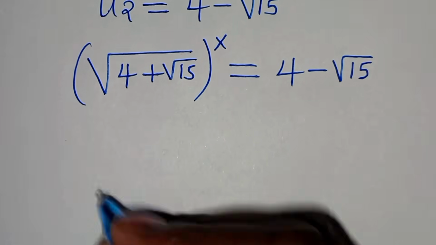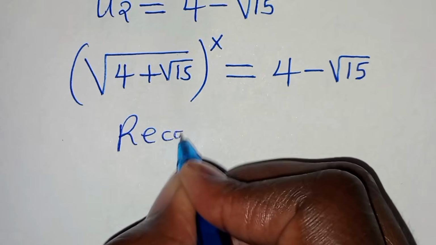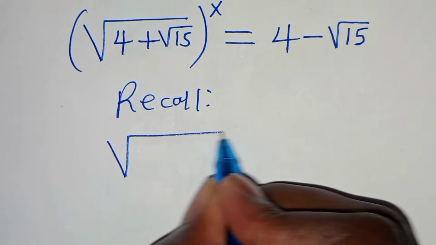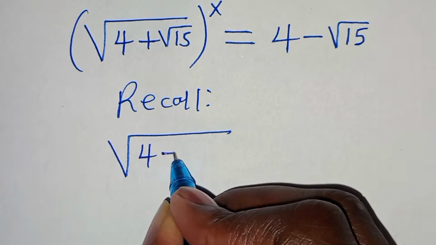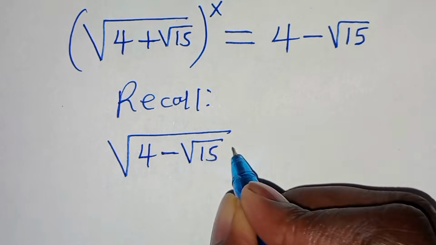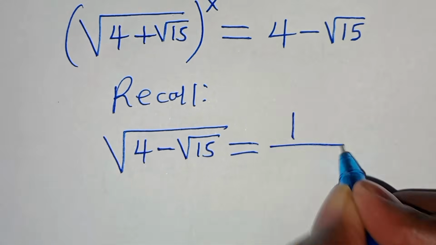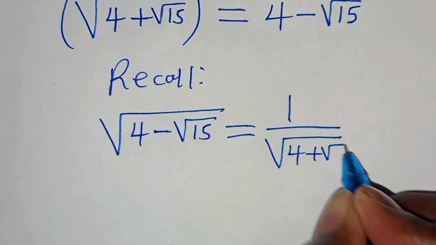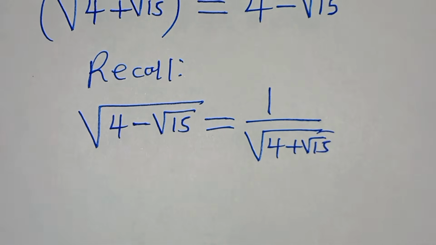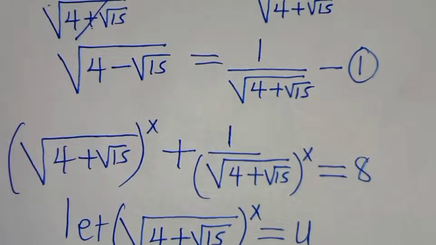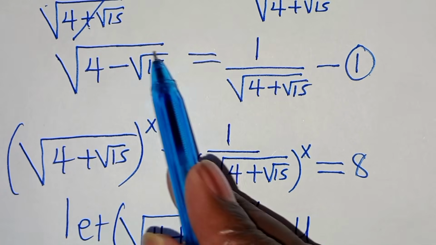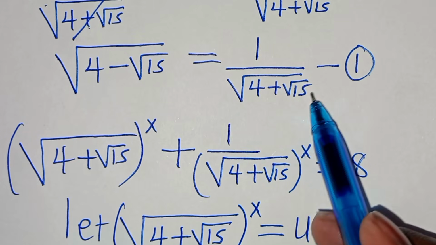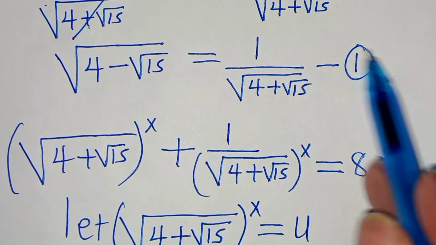Now, again, if you recall, from equation 1, the square root of 4 minus square root of 15 is equal to 1 over square root of 4 plus square root of 15. This is what we mean. This is equation 1.